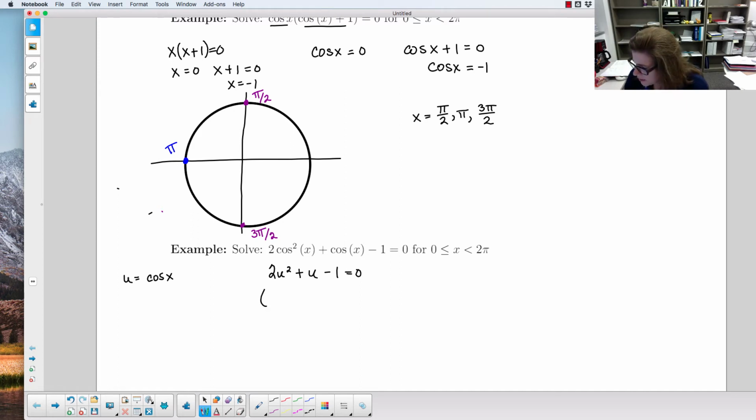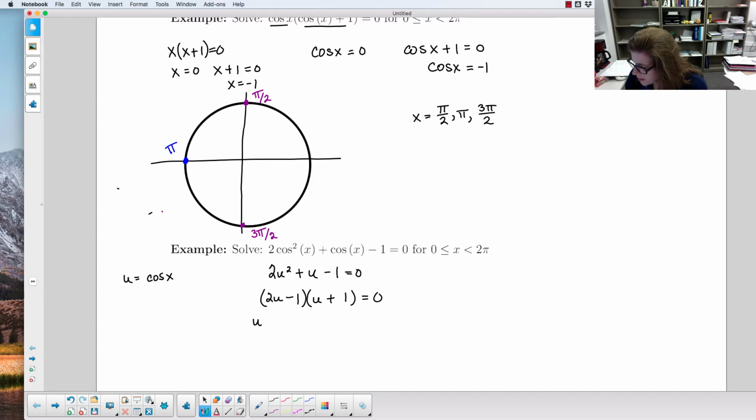So if I'm factoring, then I know that I have 2u and u. I know that the end pieces have to multiply together to give me negative 1. So I know I have 1 and 1. Now the arrangement of the signs is based on the middle term. I need that middle term to be positive, so I have plus 1 and minus 1. Now my factors, I can set them each equal to 0 to solve for u.